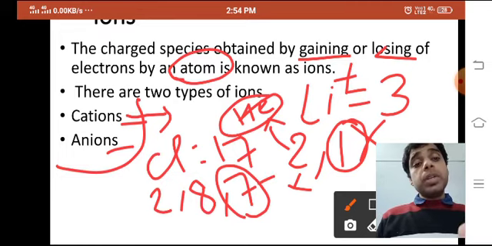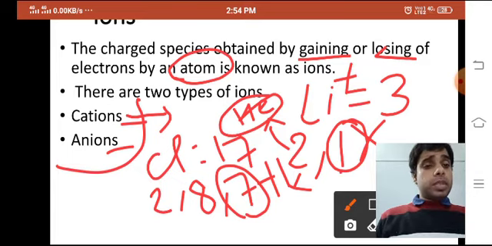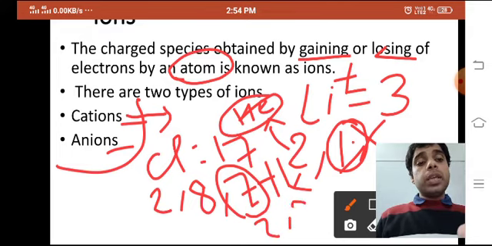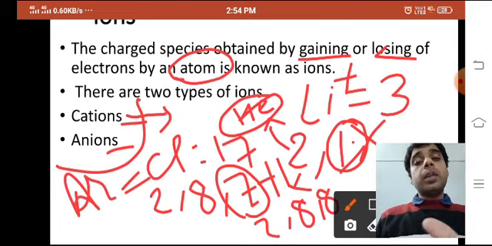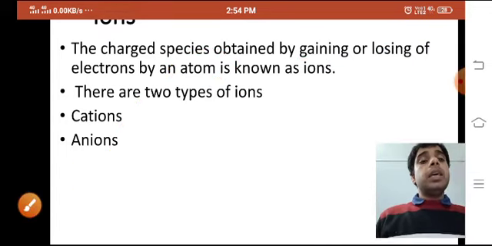So it will gain one more electron, from lithium, sodium, potassium, which will lose, and this one will gain. So it becomes 2 8 8, the nearest noble gas electronic configuration of argon. If it has accepted one electron, then it will form Cl negative.